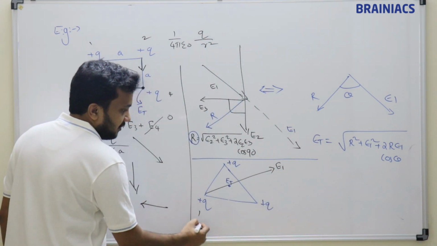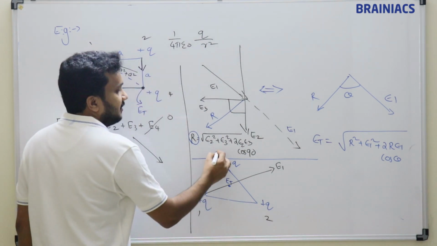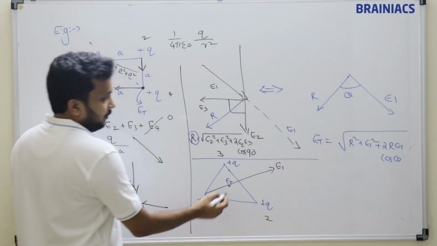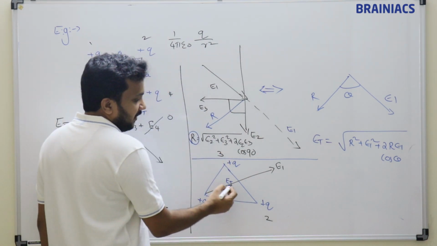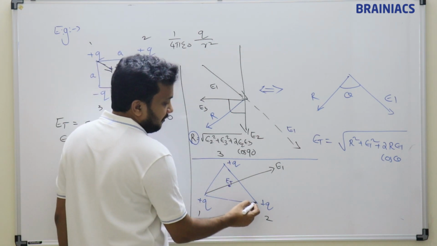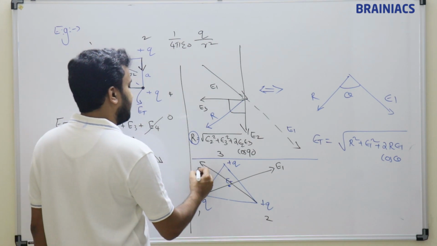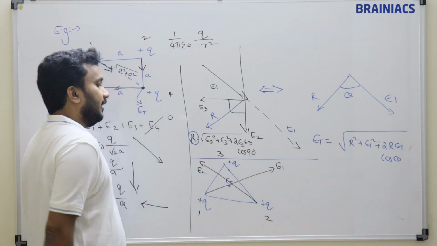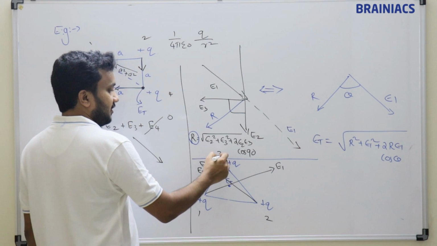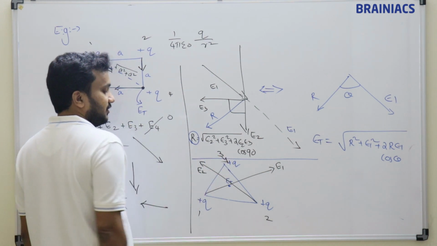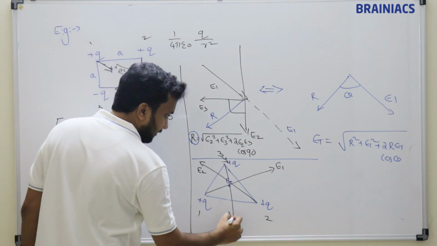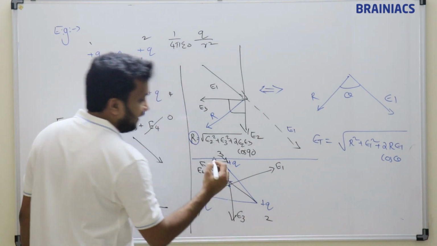This is the one charge, this is the second charge, and this is a third charge I am assuming. Because of the second charge, the electric field is also away from the charge, like this, and this is given as E2. And because of the third charge, the electric field is away like this. So you will get E3.